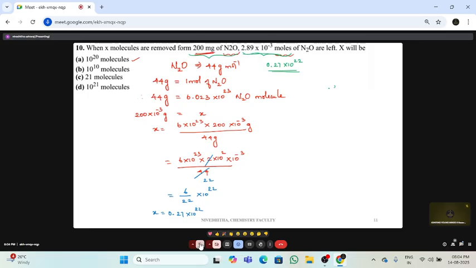So 2.89 into 10 power minus 3 into 6 into 10 power 23, right? So 2.89 into 6.